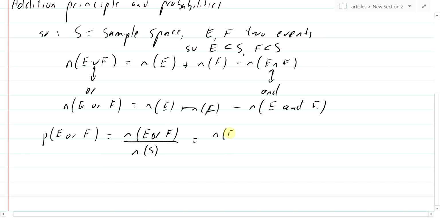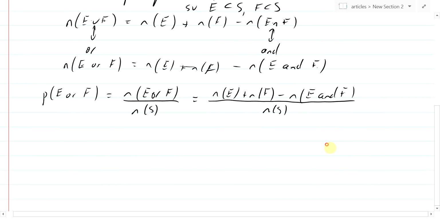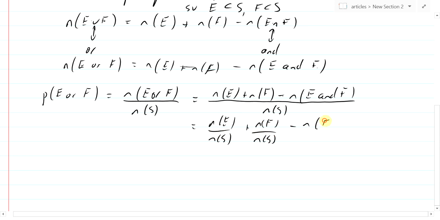So it's N of E plus N of F minus N of E and F all over N of S. But you can divide this up, right? Plus minus, that makes it 3 fractions. Right? And all this is the probability of E or F.